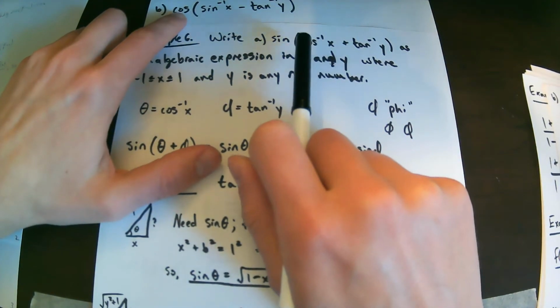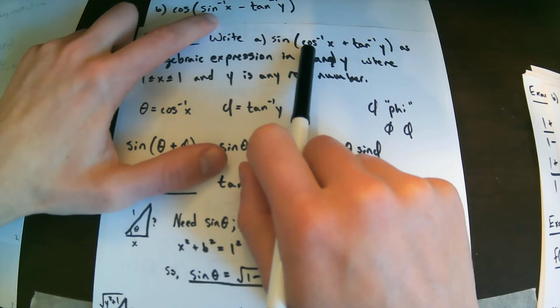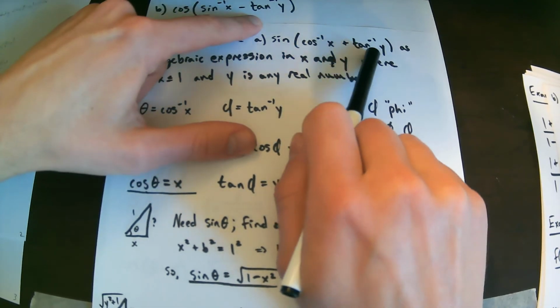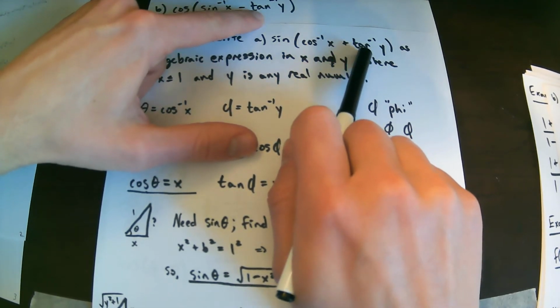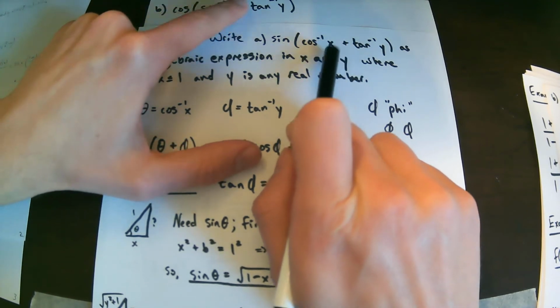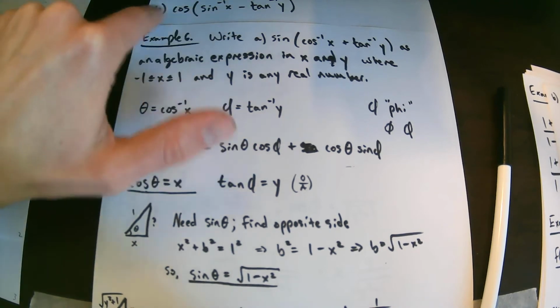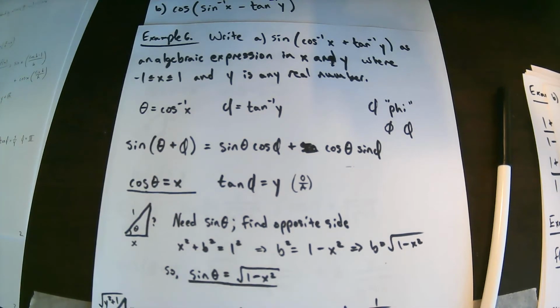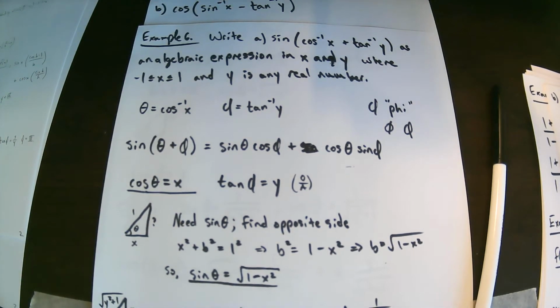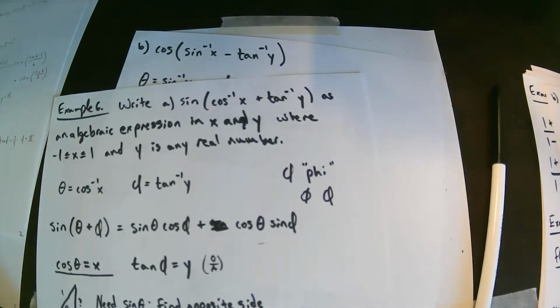And here, it's the opposite. Cosine's on the outside, sine's on the inside. And tangent is constant in both of them. So that's the same in both of them. The other difference is this, plus and minus. And those two differences are just enough. They're so similar and just different enough that they actually worked out to be exactly the same. Oh well.